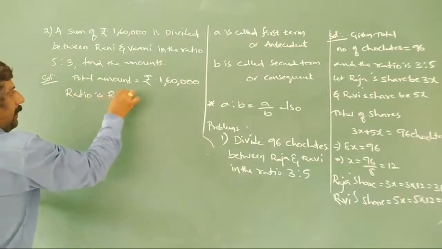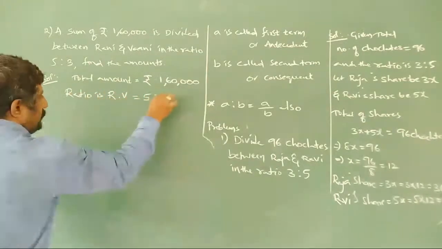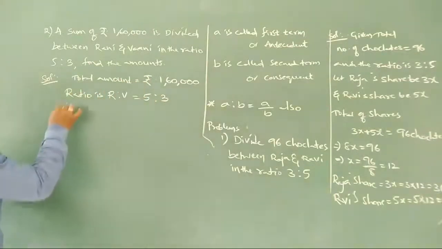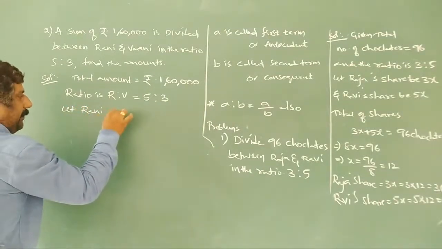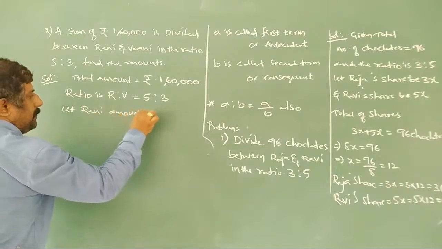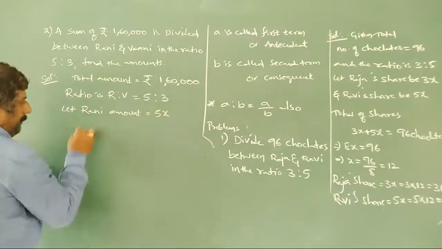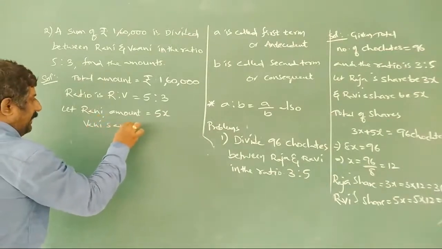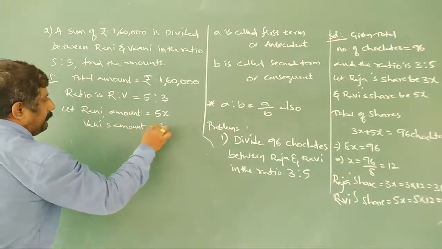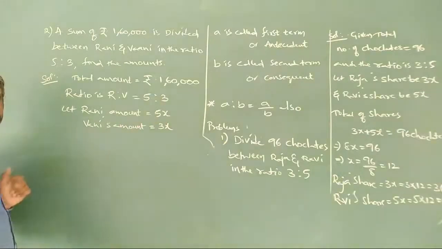The ratio of Rani to Vani is 5:3. Let Rani's amount be 5x and Vani's amount be 3x.